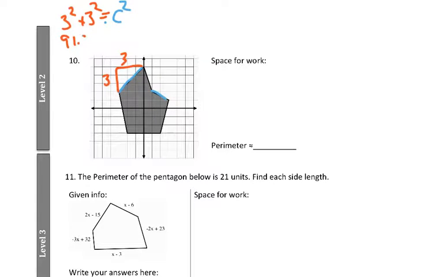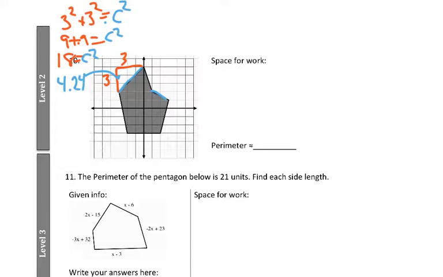So 9 plus 9 is going to equal c². So 18 is going to equal c². And so the length of this side is going to be the square root of 18. And let's approximate that. The square root of 18 is going to be 4.24.